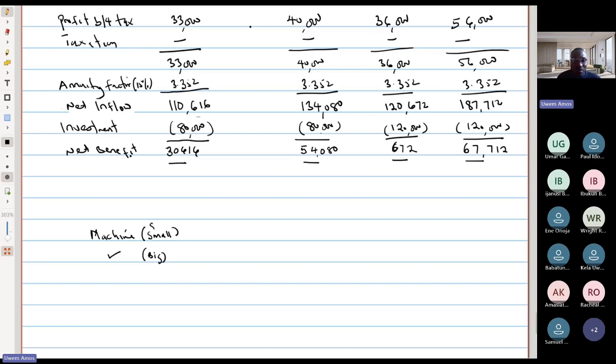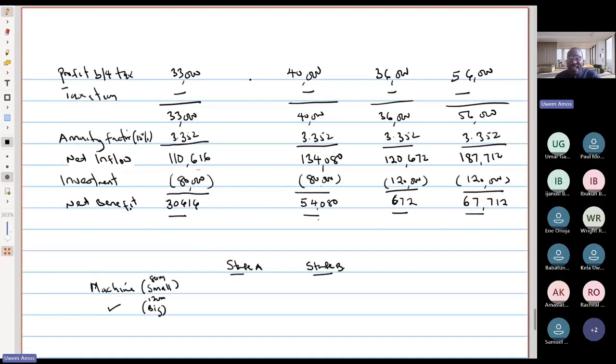Whichever machine you have, you might have a state A level of demand, or a state B level of demand. So let's see what the results are from what we did last week.